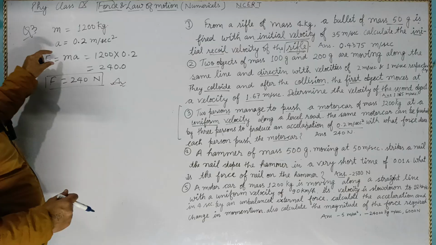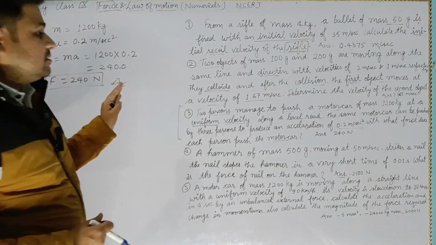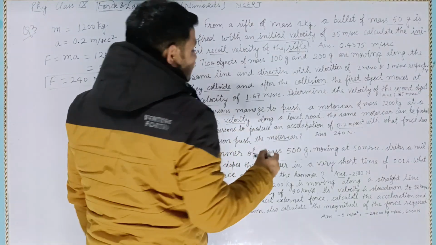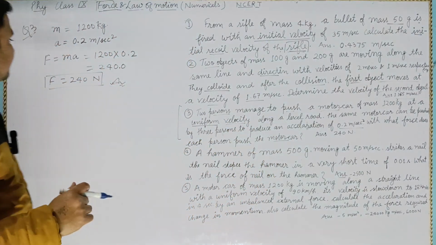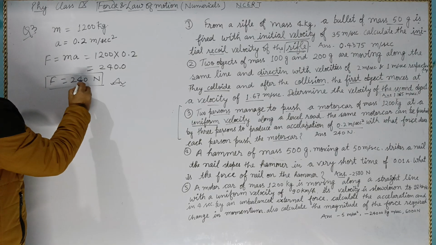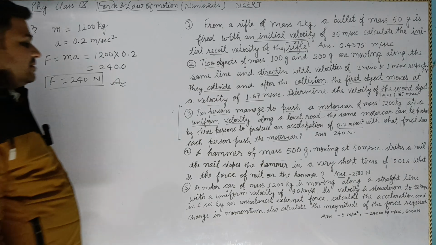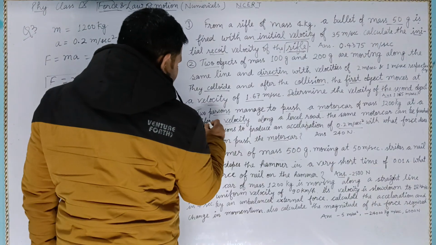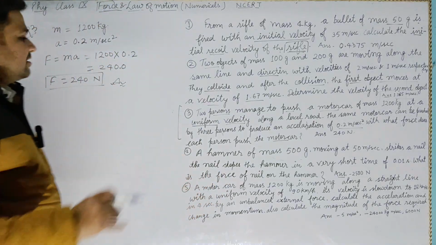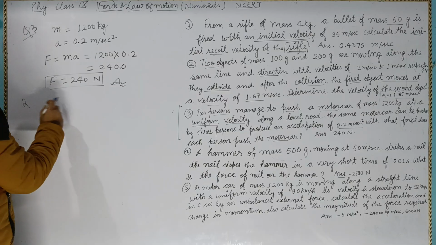It means the third person only accelerates the car, because the two persons travel the car with uniform motion, but the third person accelerates the car. So it is a simple question to solve.